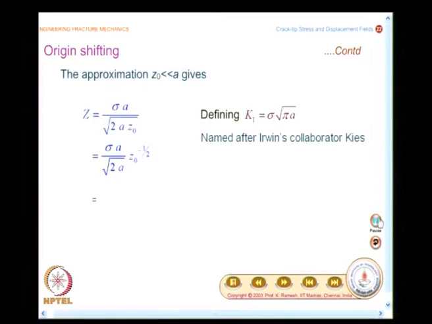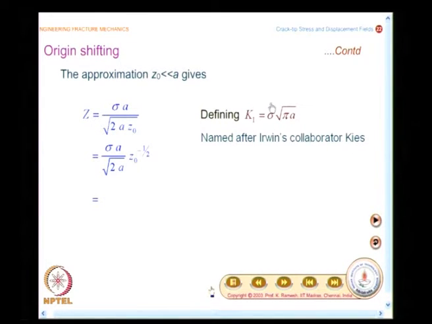And now you will have to look at further simplifications. We would also bring in the introduction of a new parameter K, because we are discussing the mode 1 situation. We will take this as K1 equal to sigma root of pi a. I have already mentioned that this was introduced by Irwin in honor of his collaborator Kies.